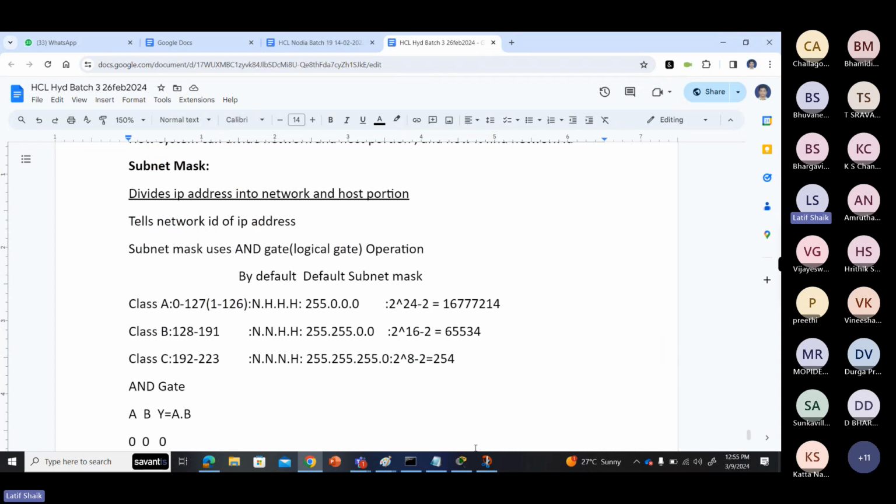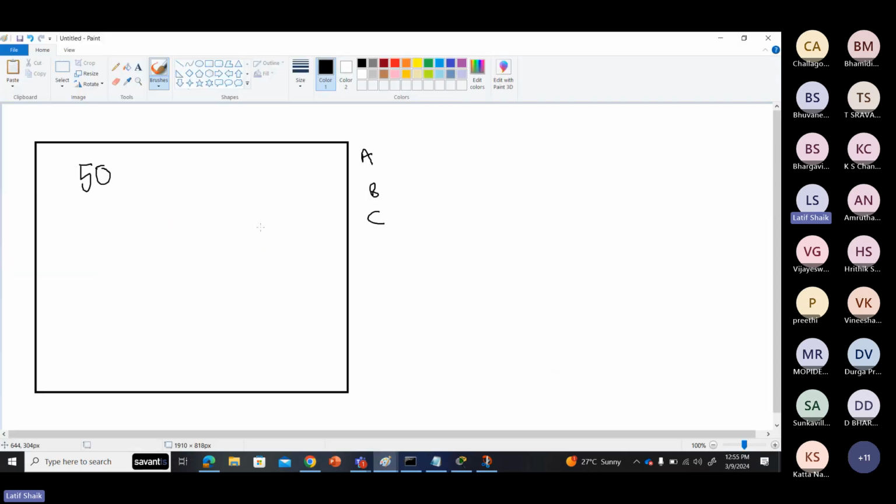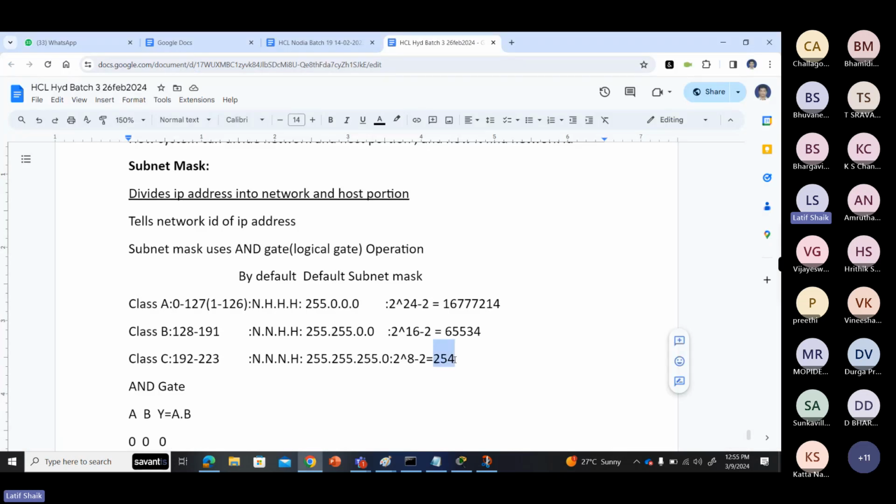Here is an example. I have 50 computers. From class C, I'm getting a total of 254 hosts, which means 254 computers in the same logical network. I can make communication up to 254 hosts.